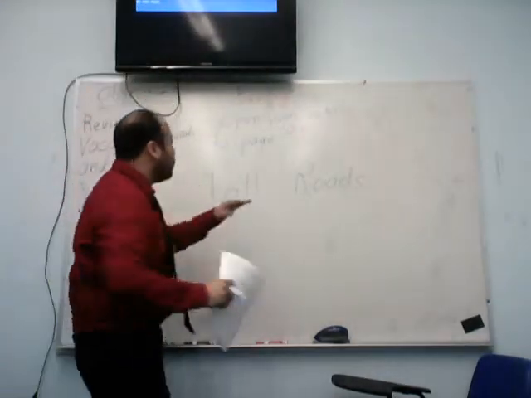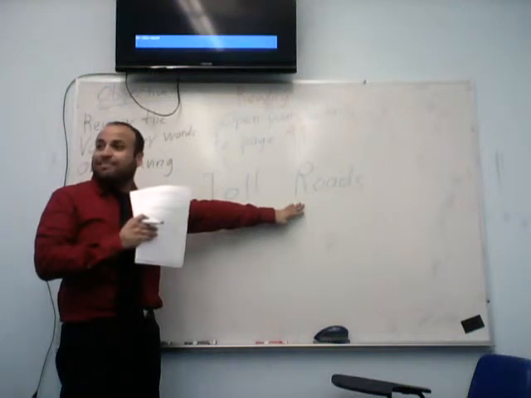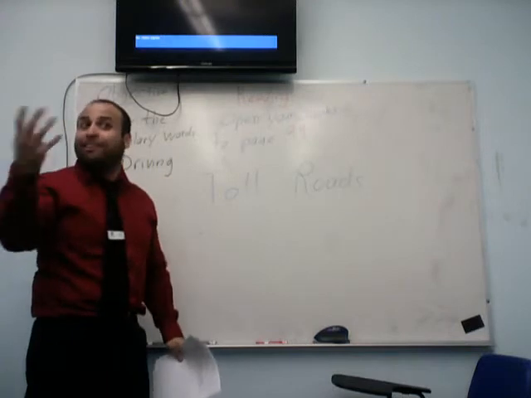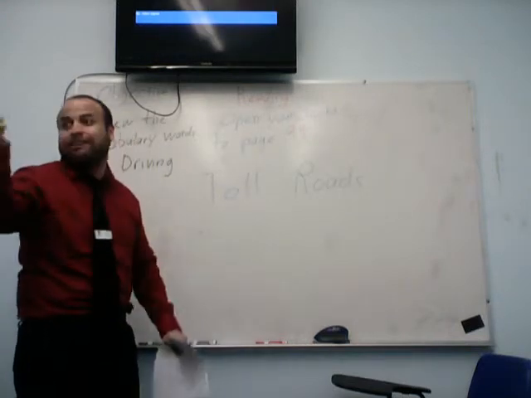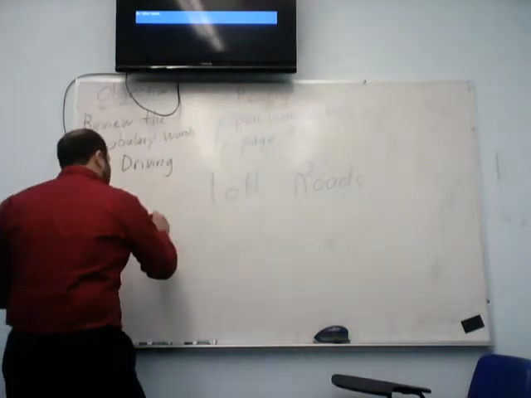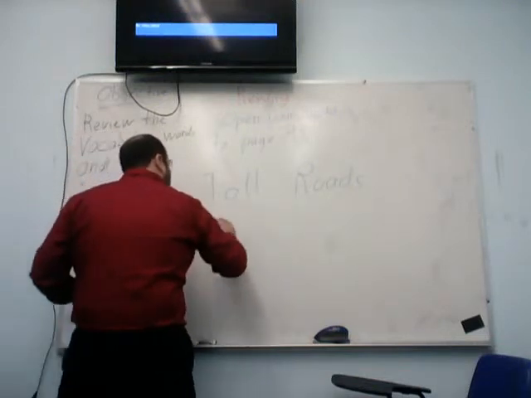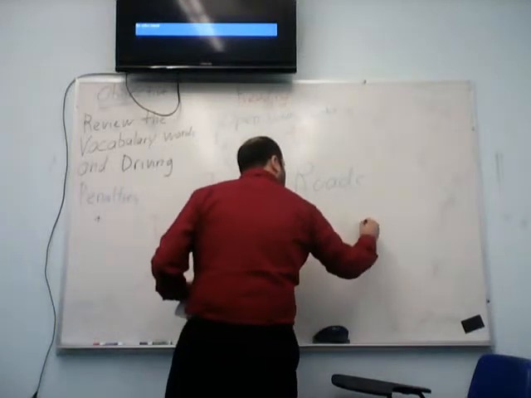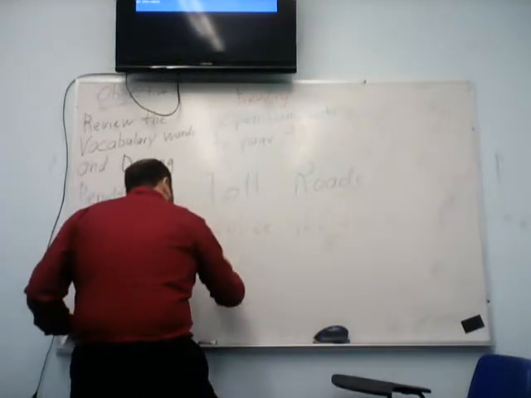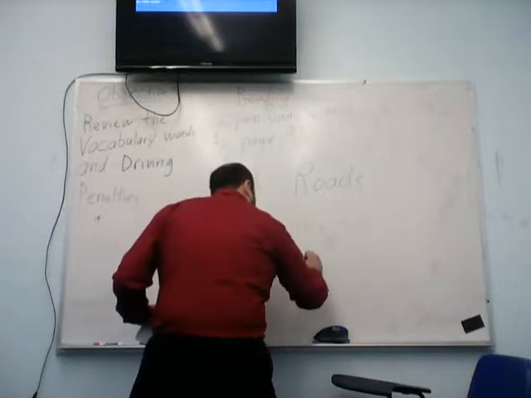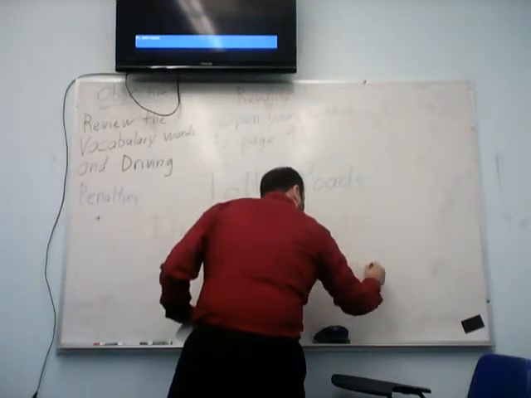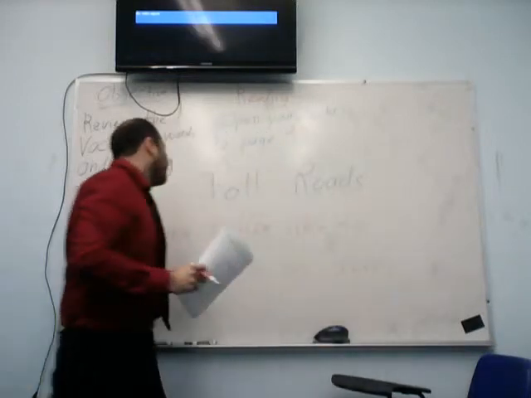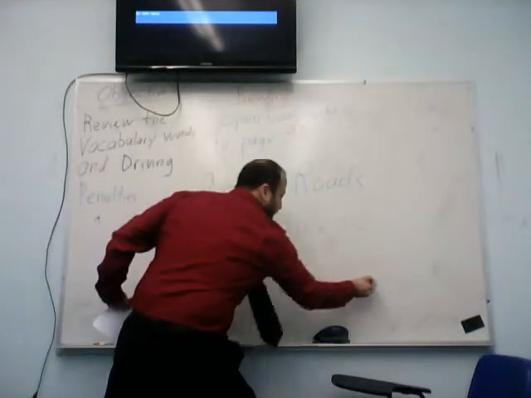For example, I picked the word, does everybody know what this means, toll roads? Okay, so I'm going to use this in a sentence to show you what bad thing can happen if you're drinking and driving. Good. So here's one example with the camera.